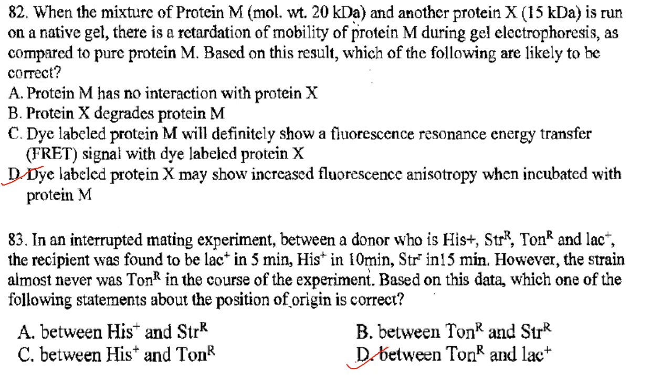Because the two strains of bacteria got separated from each other after Str R was transferred in 15 minutes. So TonR must be at one end and Lac plus must be at the other end. So which one of the following statements about the position of origin is correct? So it is between TonR and Lac plus. Answer is option D.